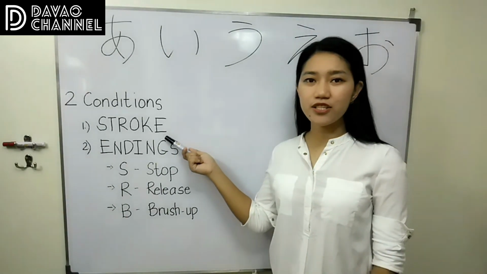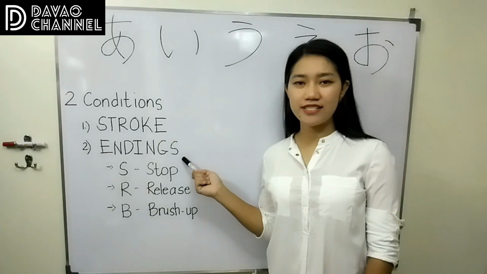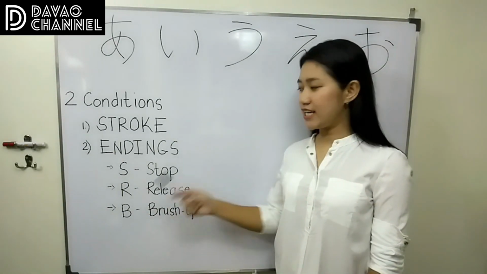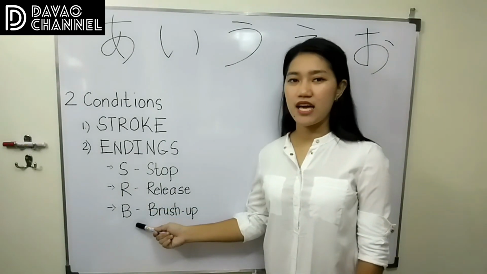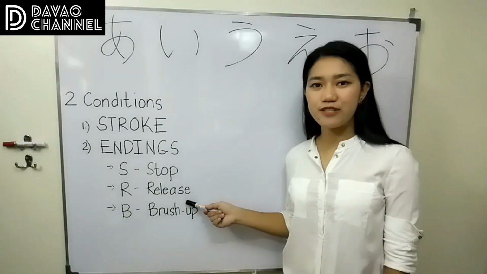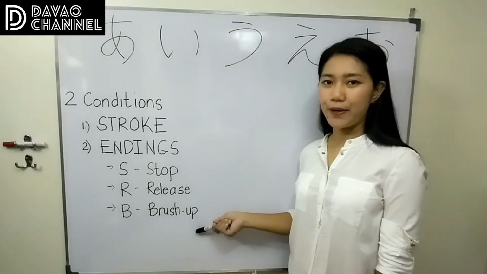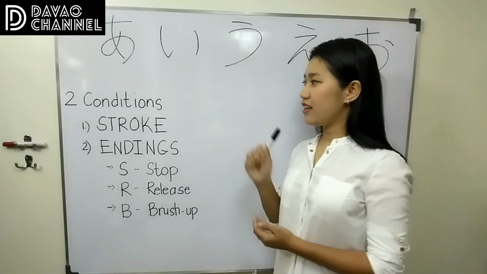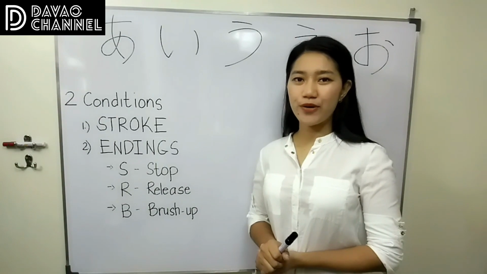And the second condition is the endings. Japanese letters have 3 endings with the alphabet S, R, and B. S stands for stop, R stands for release, and B stands for brush up. Let's apply these 2 conditions on writing our alphabet.